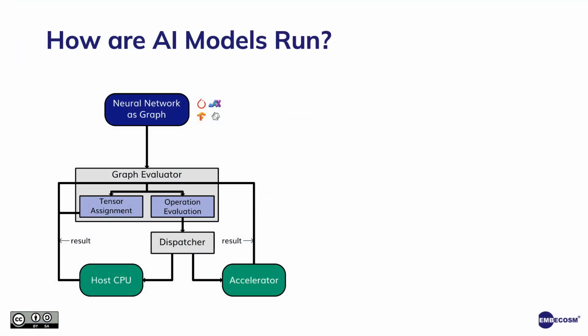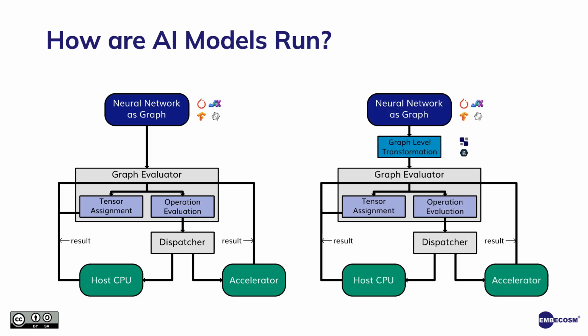After that, we have the dispatcher, which sends the operations to the best available hardware, either the host CPU or the accelerator. Alternatively, we can have a graph-level transformation before that, which can simplify, fuse, or even modify the graph.